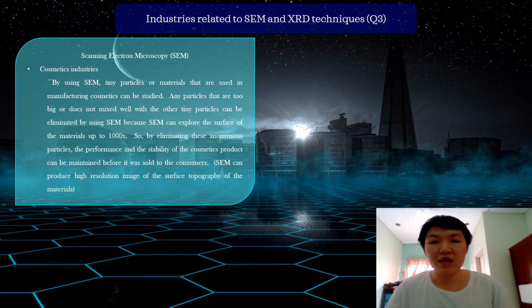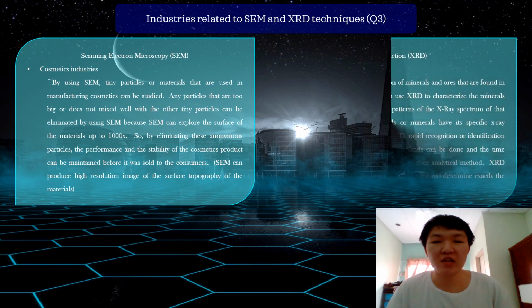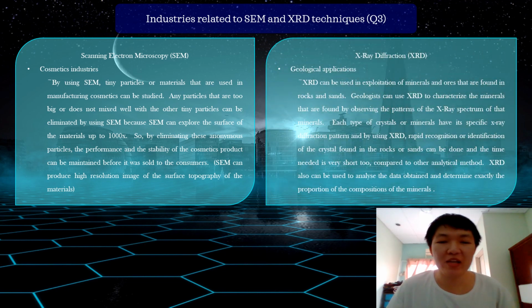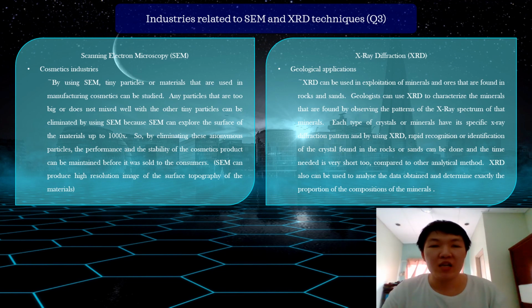And next, for the XRD technique, the related industry is geological applications. XRD can be used in the exploitation of minerals, and geologists can use XRD to characterize the minerals found in soils or rocks by observing the X-ray diffraction pattern of the minerals.